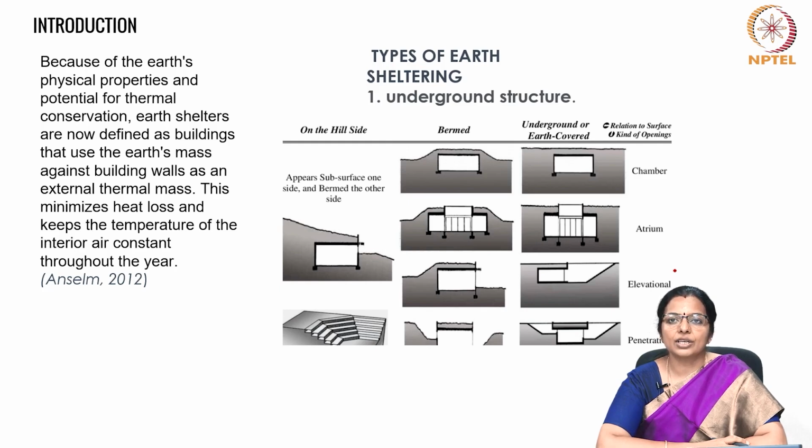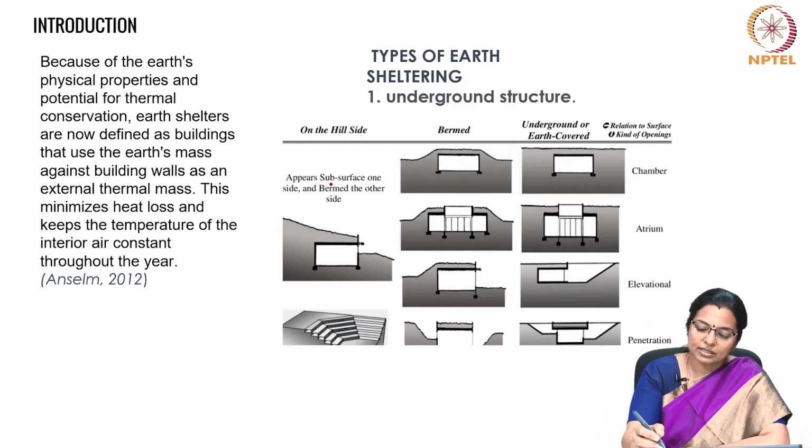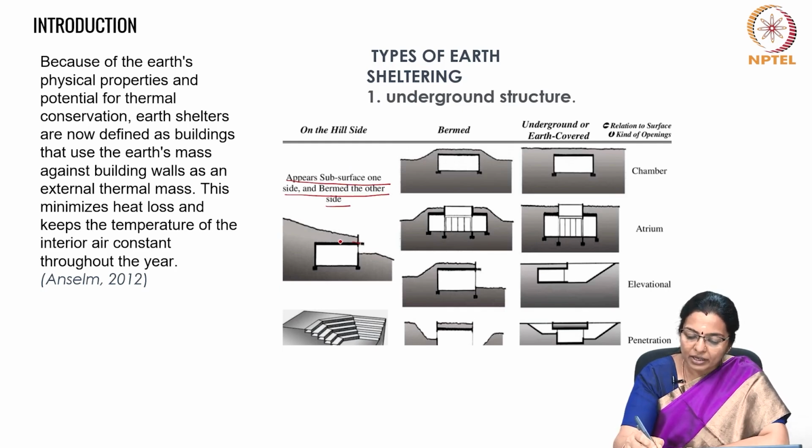There are majorly these three types of earth sheltering. An earth sheltered building constructed completely below grade, which is subsurface. It appears subsurface on one side and bermed on the other side, but actually it is completely underground.